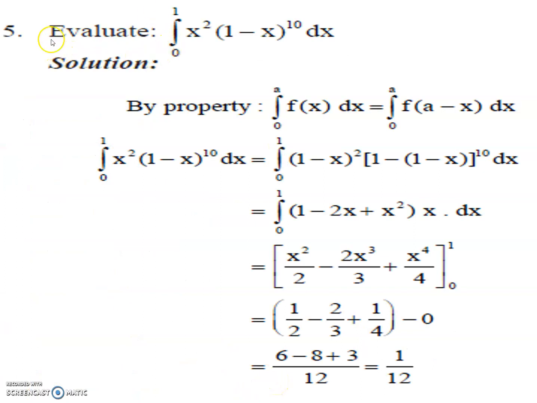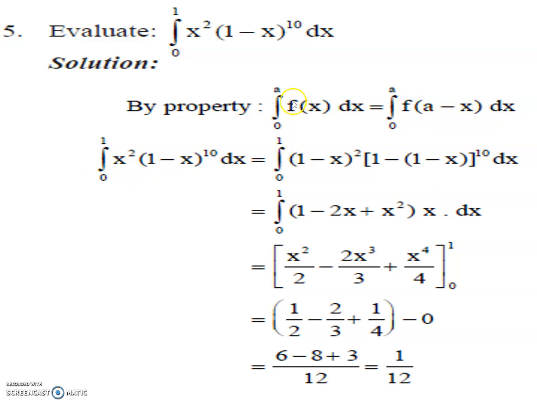First one, we have to evaluate this example from the book: the integral from 0 to 1 of x squared times (1 minus x) raised to 10 dx. We know the property that the integral from 0 to a of f of x dx is equal to the integral from 0 to a of f of (a minus x) dx. So instead of x, we put a minus x.